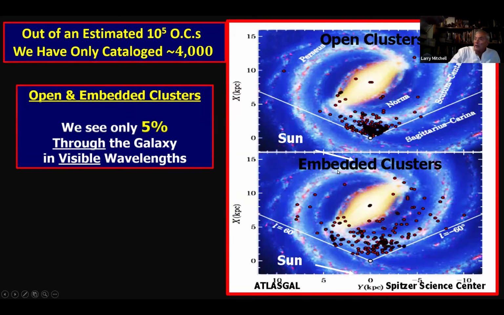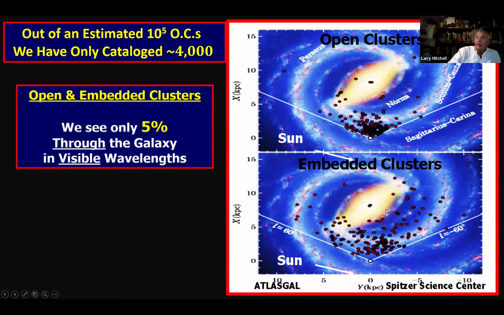And for embedded clusters, for stars that have yet to form, that are in their birthing cocoon, we study those with infrared light and long wavelengths, radio wavelengths, so they can penetrate a little bit further through these gas clouds and dust clouds, so we can see a little bit more of the other side of the galaxy in areas we cannot see visually.